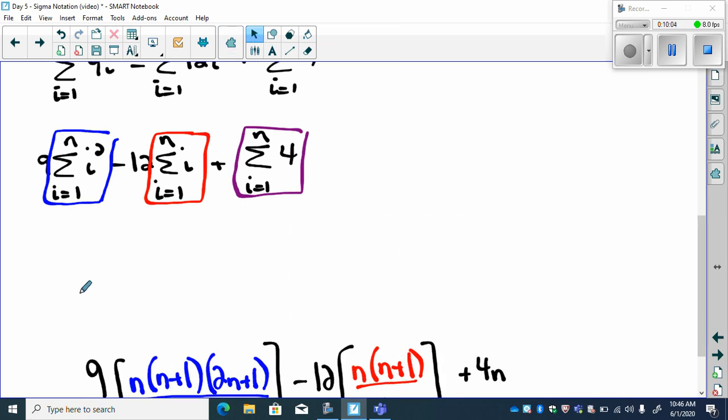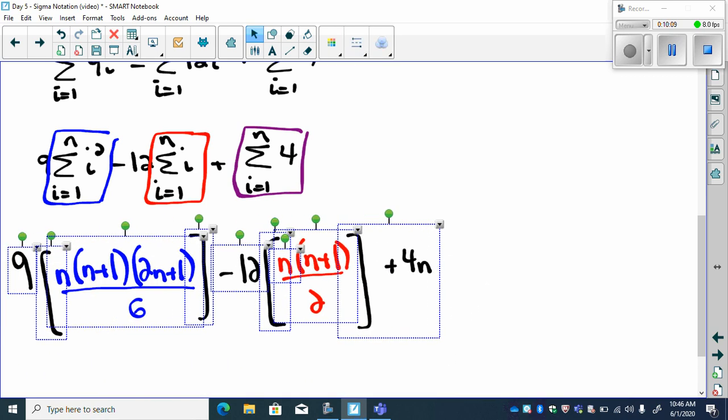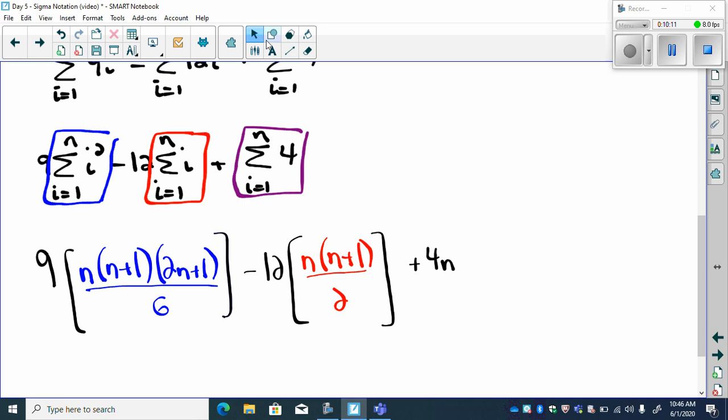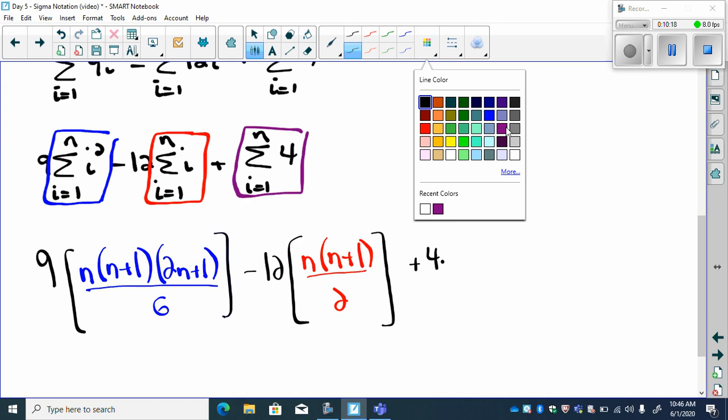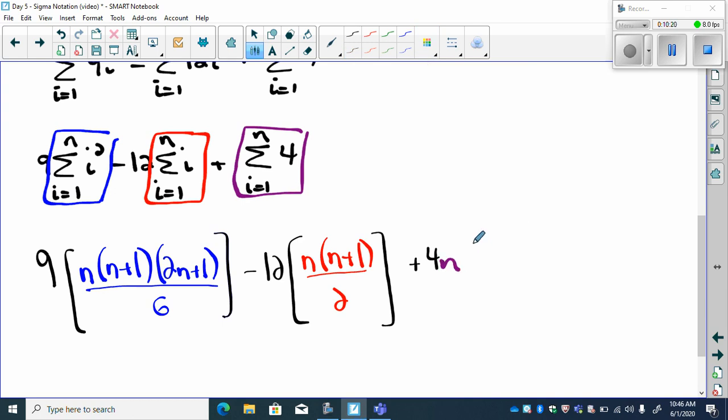And if I drag this up, so there is my quadratic formula. I replaced that whole symbol with the quadratic formula. I replaced this whole symbol here with the linear formula.